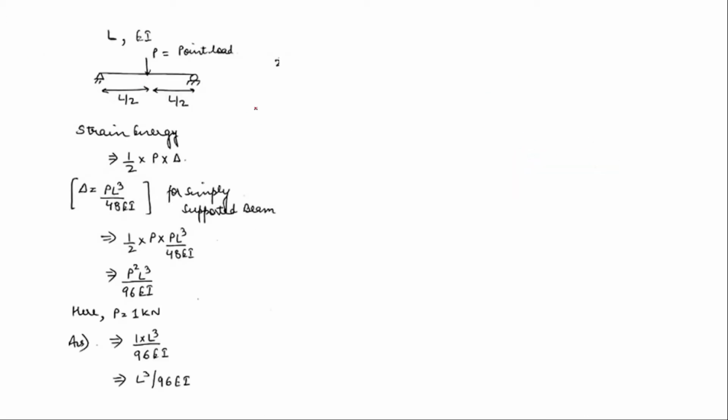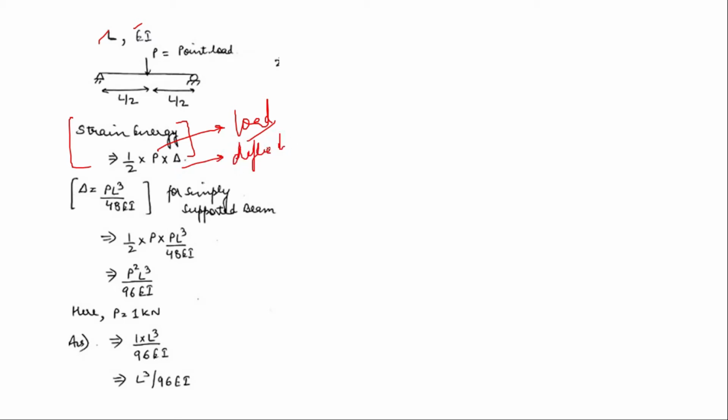Let's see. Suppose this is a beam with point load P acting over it, simply supported, of length L and flexural rigidity EI. We know the formula for strain energy is half into P into delta. This P is the force or load which is acting on this beam, and this delta is the deflection which is produced by this load.